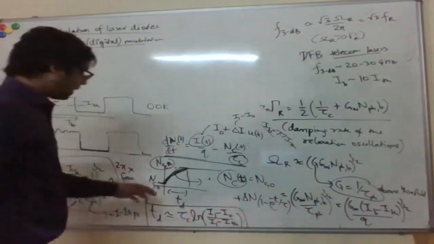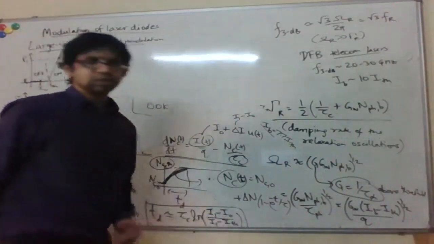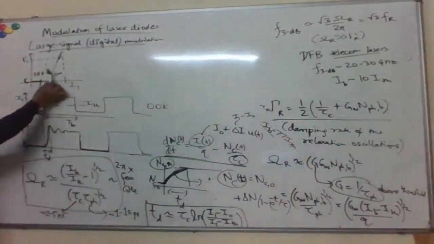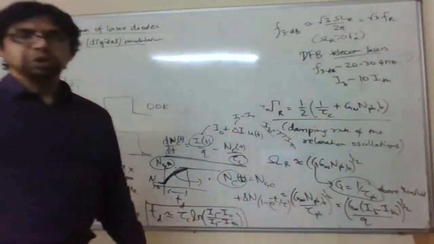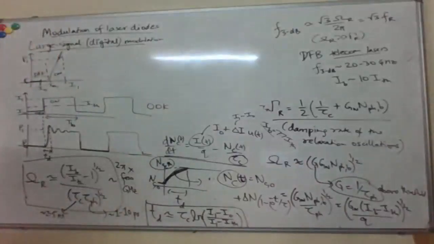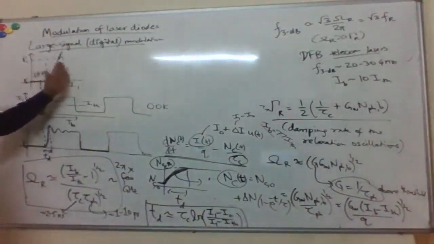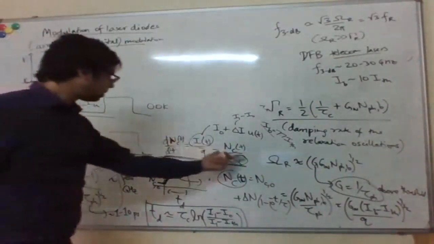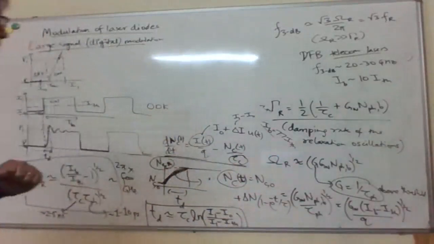But as you can see, if you want to minimize the turn on time, I want to make I naught as close to I threshold as possible. So I want to be off, but just off, not too much off. I just want to be just below I threshold for this to be small. This expression doesn't work once I get to I threshold and beyond, because our assumption in deriving this was that I'm going from off to on state.